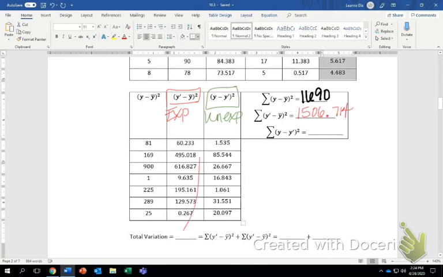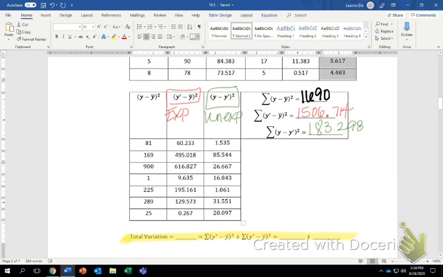Now, understand that when we were doing this right here, it did round. We had to round eventually, and so we do have some room for error here due to our rounding, but that's okay. As long as you round to 3 decimal places, you should be okay. Finally, our unexplained variation should be 183.298.